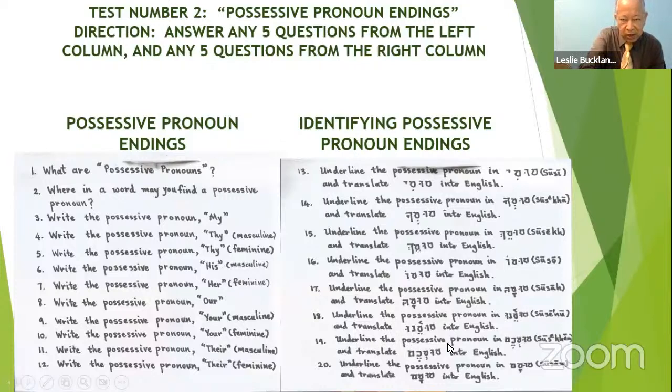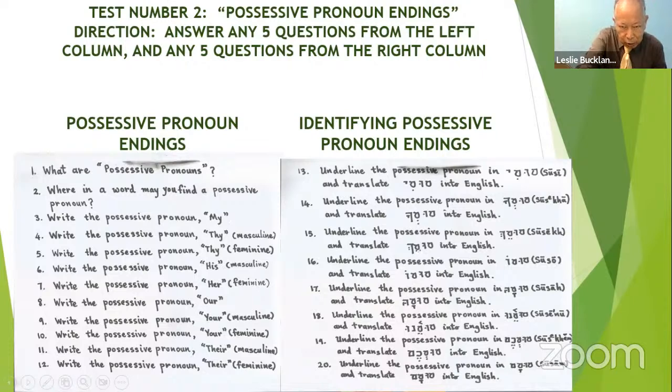Number 19, underline the possessive pronoun in susakem. In the Hebrew here, that is tsere, simple shua. You have the kaf, you have segol, and you have mem, ekem. And translate susakem, it is your horse. Number 20, underline the possessive pronoun in susam, that would be kamets mem.